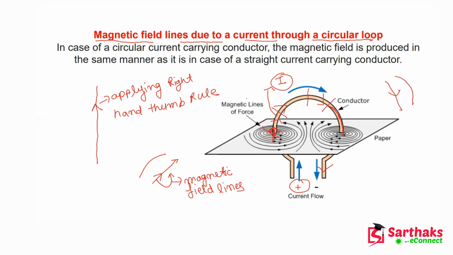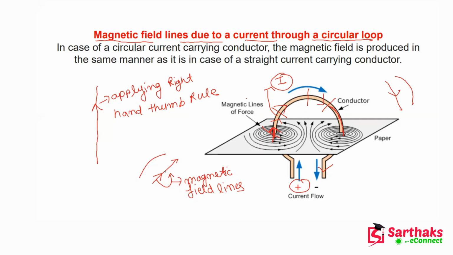So you have to apply the right hand thumb rule, and you will find that the direction of the magnetic field lines will be like this. It is entering from our side and going out from the opposite side.